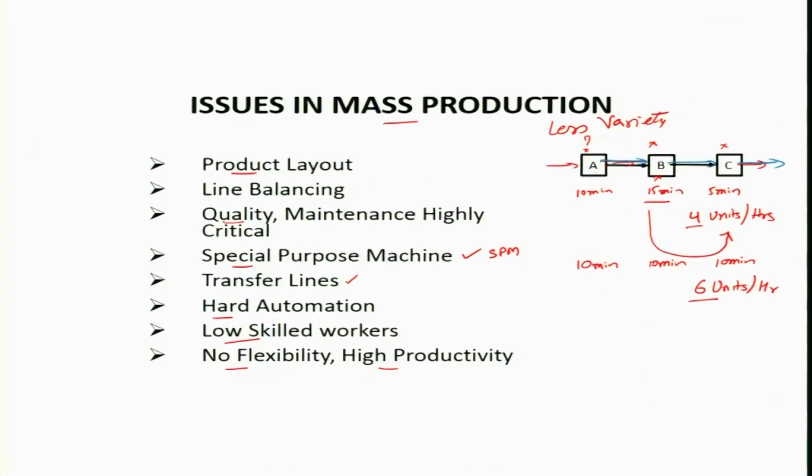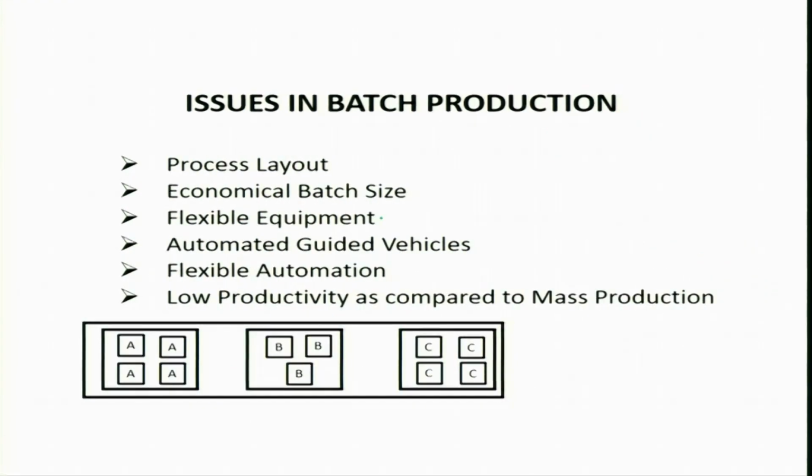Now, look at the mass production system. Since you are producing the same type of products for a longer period, there is no concept of economic batch quantity here. Now, third important aspect, as I said, what type of technology I should have, what type of equipment I should have. If I have flexible equipment, then they are good enough to produce X type of product, Y type of product and Z type of product.